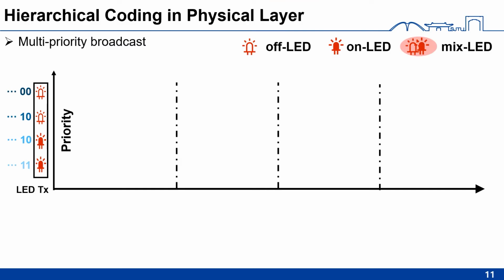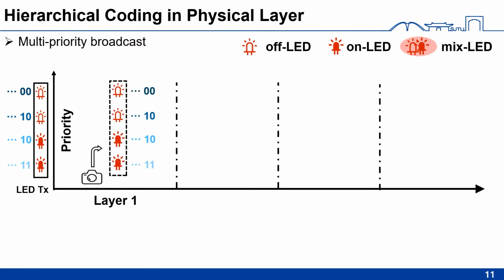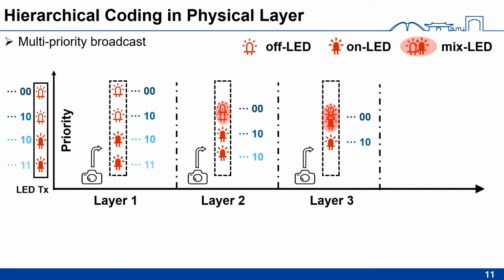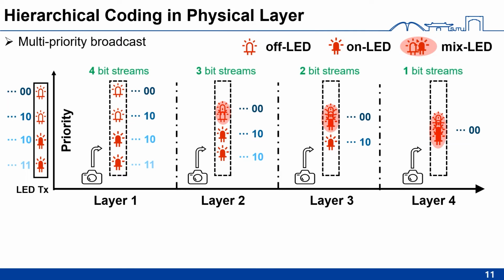In ONIONCODE, all the LEDs on the transmitter encode the data independently in different priority. And the receiver discards one more bit stream for each layer up, just like peeling an onion layer by layer, which is the reason for calling it ONIONCODE. Here we introduce the concept of layer, where the receivers of the same layer have the same LED mixing state.